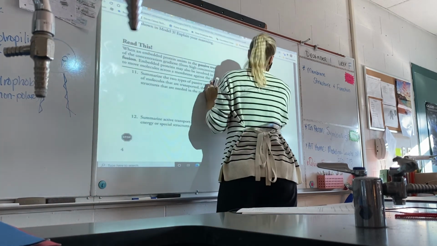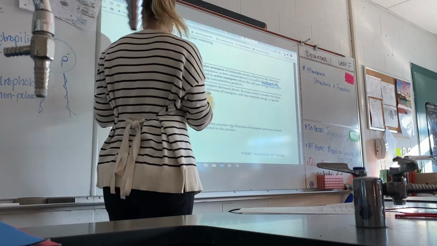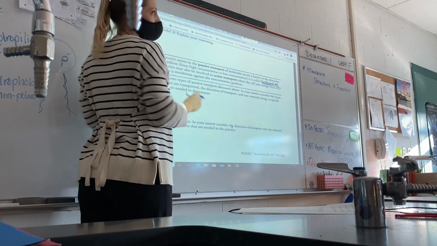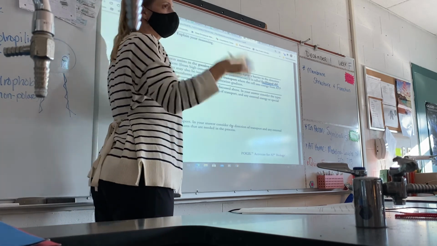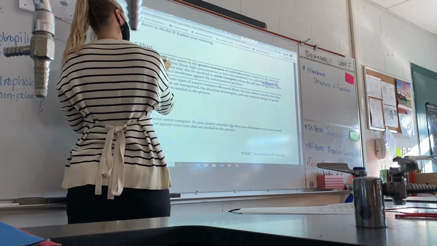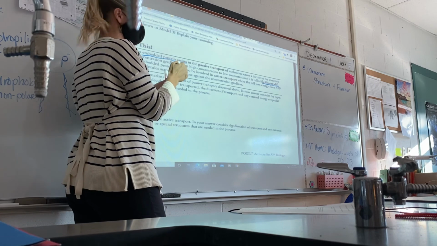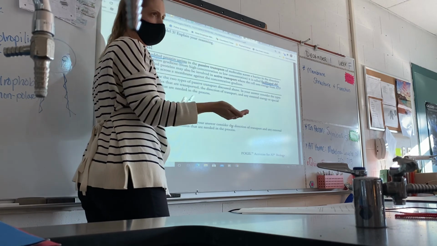So it's still no energy required, it's passive. It's still going from concentration of high to low, but because we have little helpers that are facilitating the process, and what are those helpers called? We've got the embedded proteins that are giving us the assist, right? It's now called facilitated diffusion.